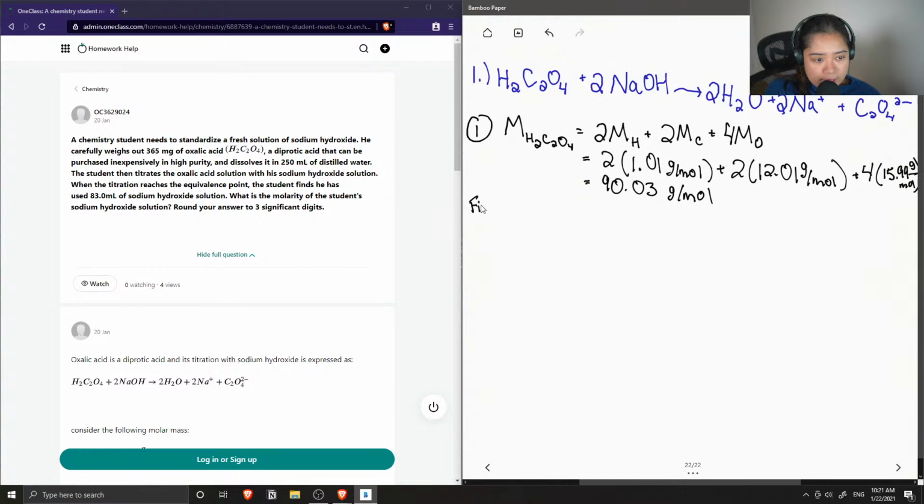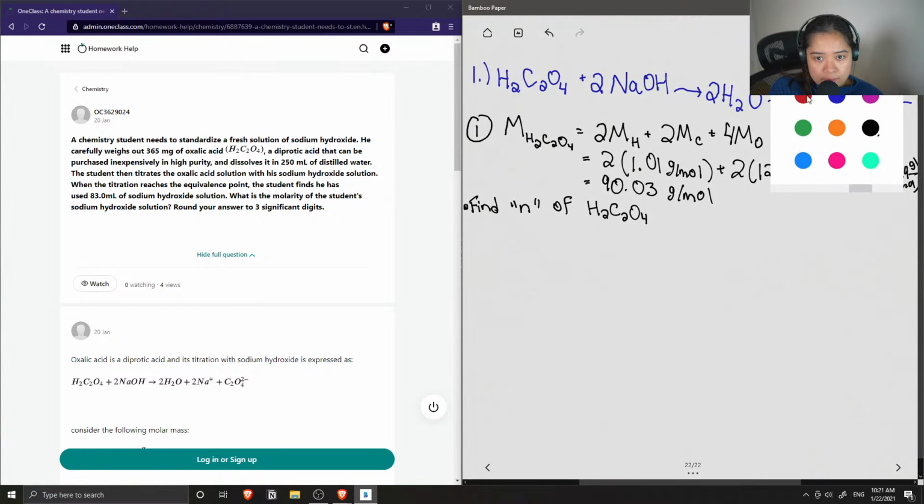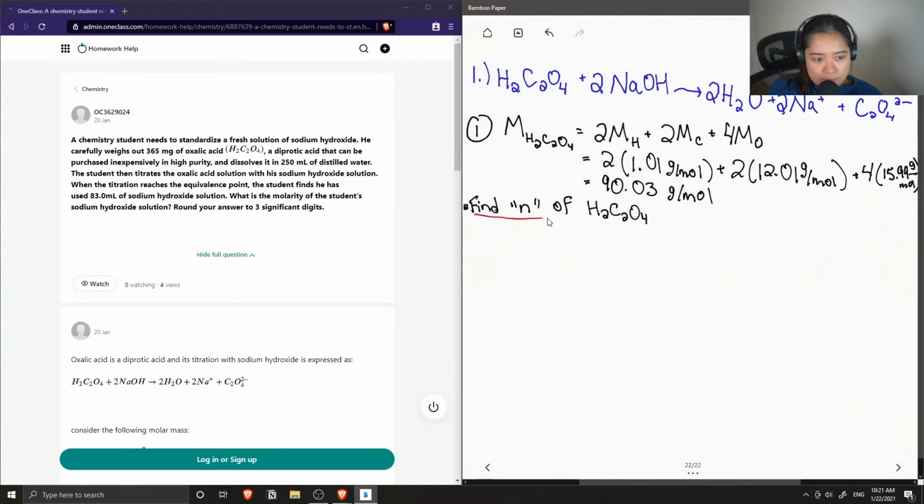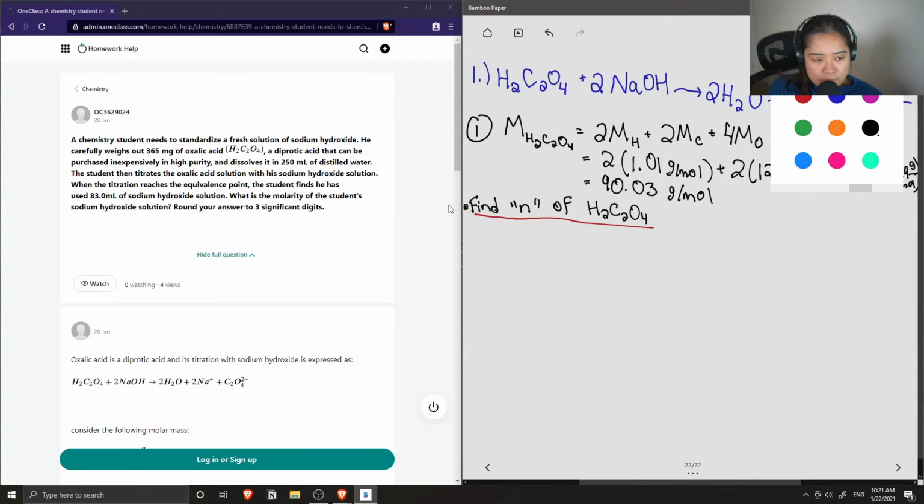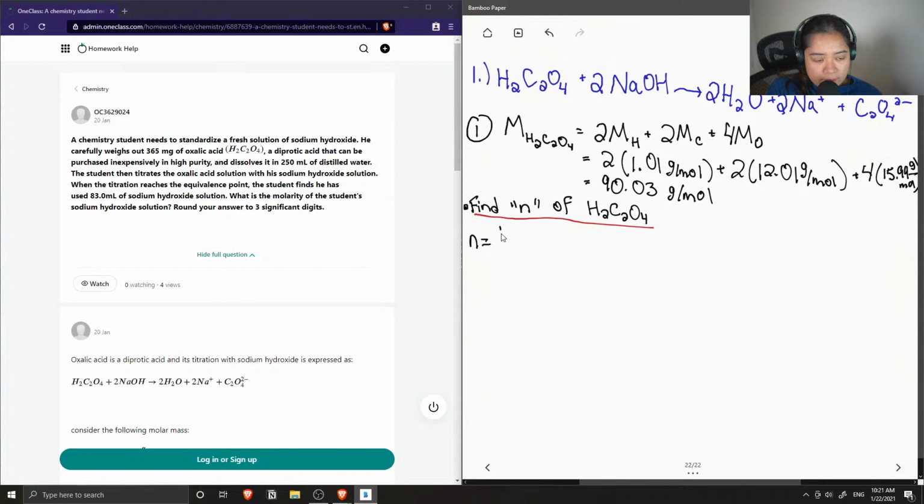So now we just have to find the number of moles of oxalic acid. So number of moles can be found by dividing mass over molar mass.